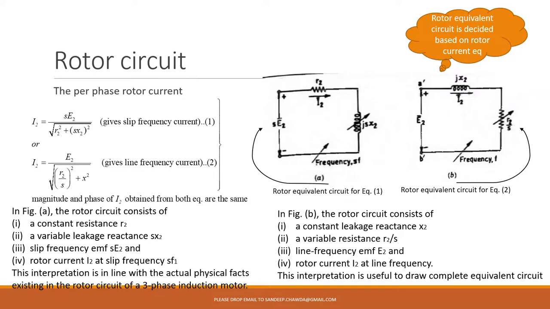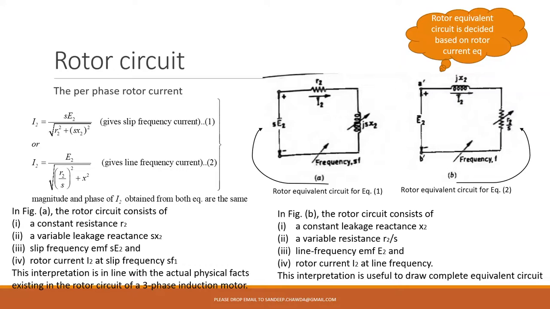Then let us talk about the rotor circuit. This we have already seen. For the rotor circuit, we have this expression, and we can rewrite the rotor current expression into this form. It means we are having two different expressions.